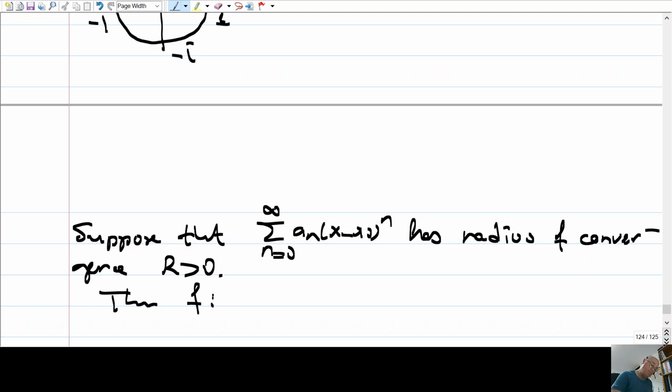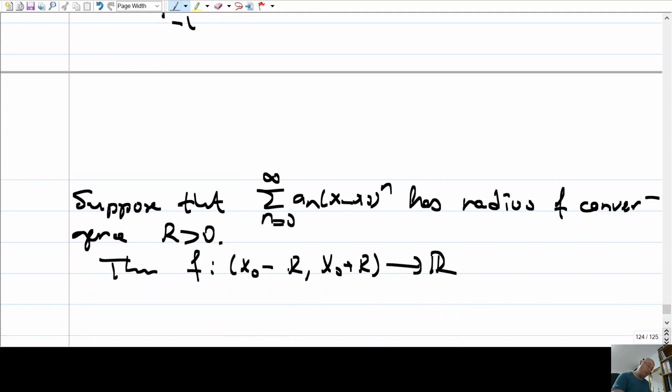f from the interval x0 minus r, x0 plus r into R, or you may consider a complex variable.